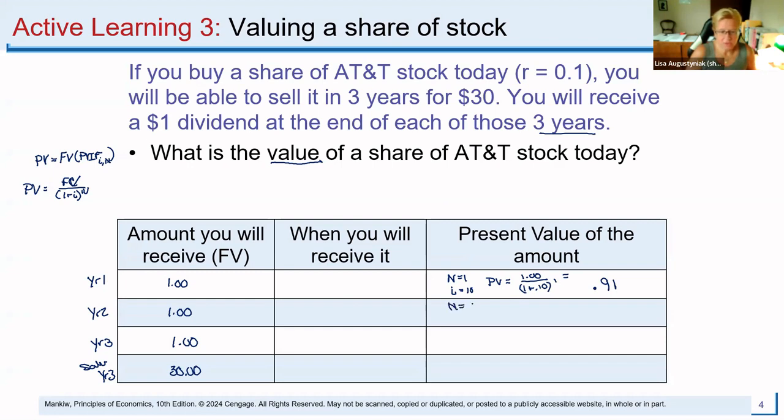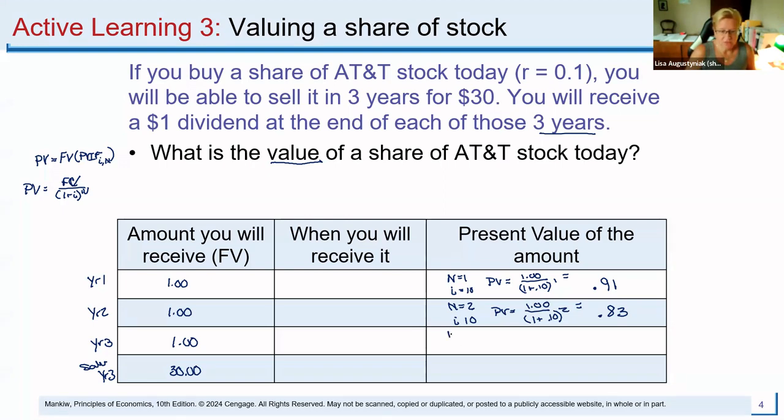So our N here is going to be 2, our interest rate is 10%, and we're solving for the present value, which is $1 over 1 plus 0.10 to the second power. So 1.10 to the second power is 1.21. $1 divided by 1.21 is about 83 cents. It's actually 0.8264, but we're going to round up because it's money.